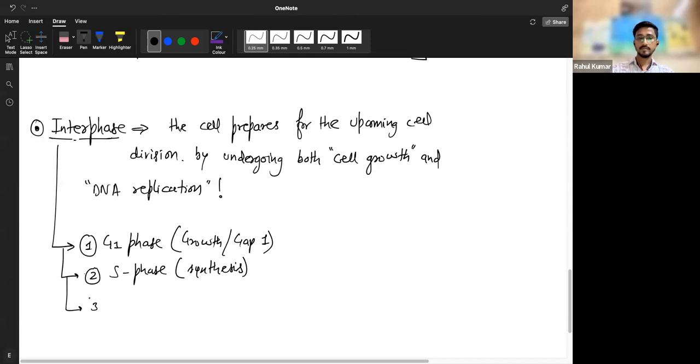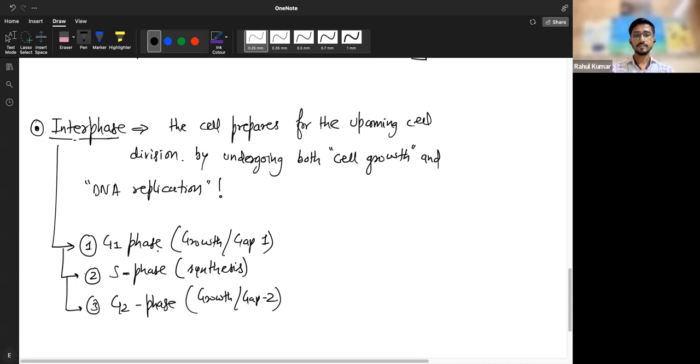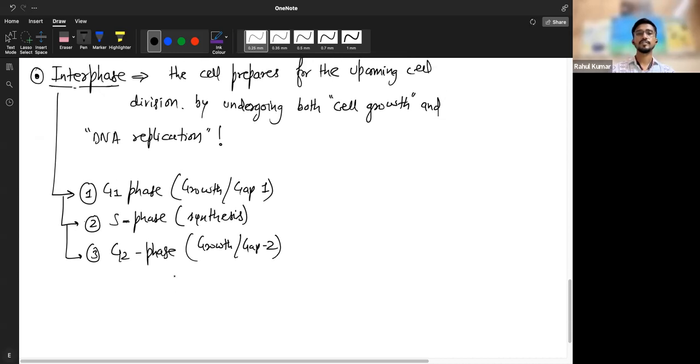And the third is G2. I'm not including G0 here because I told you it is an exceptional condition where only a few cells get into G0. And if they get into G0, they will not get into G1, S or G2. Okay, clear, all 3 of you? Yes, sir. Now write down about G1 first.